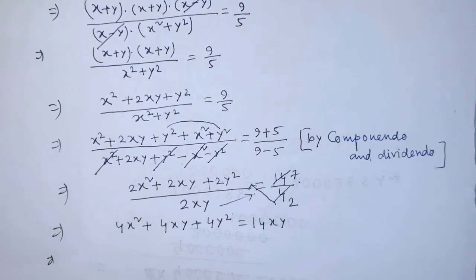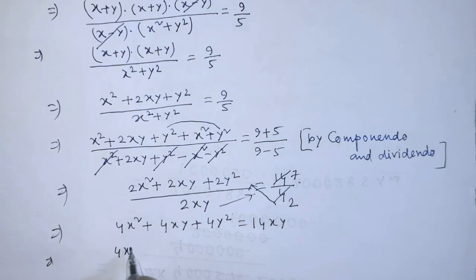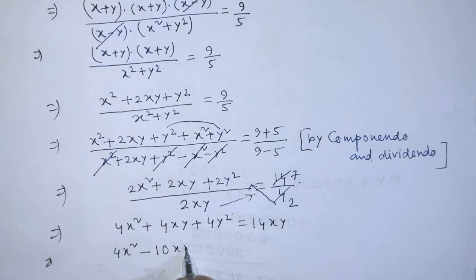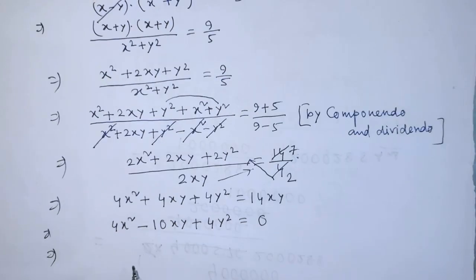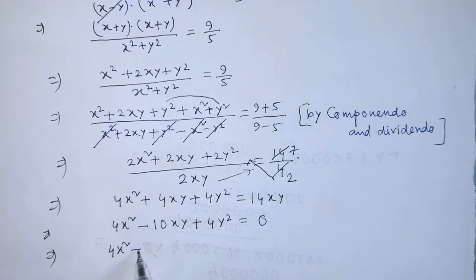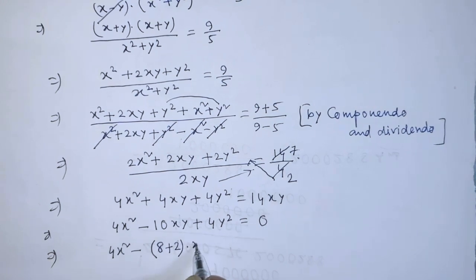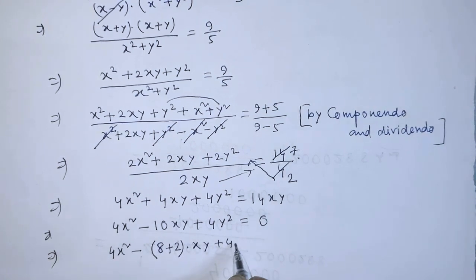Then the left hand side becomes 4x² − 10xy + 4y² is equal to 0. So students, according to the rules of factorization, we can write 4x² − (8 + 2)xy + 4y² is equal to 0.